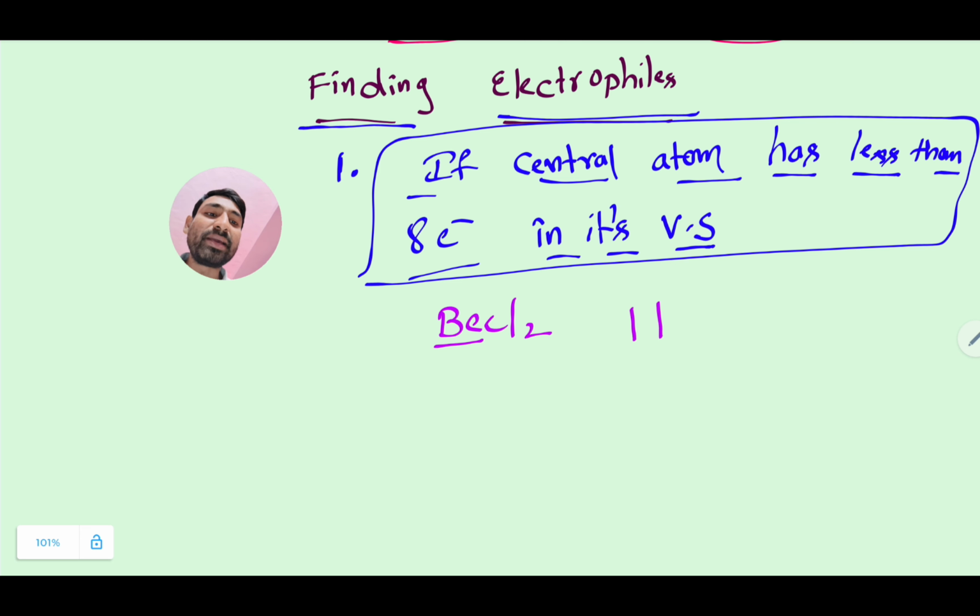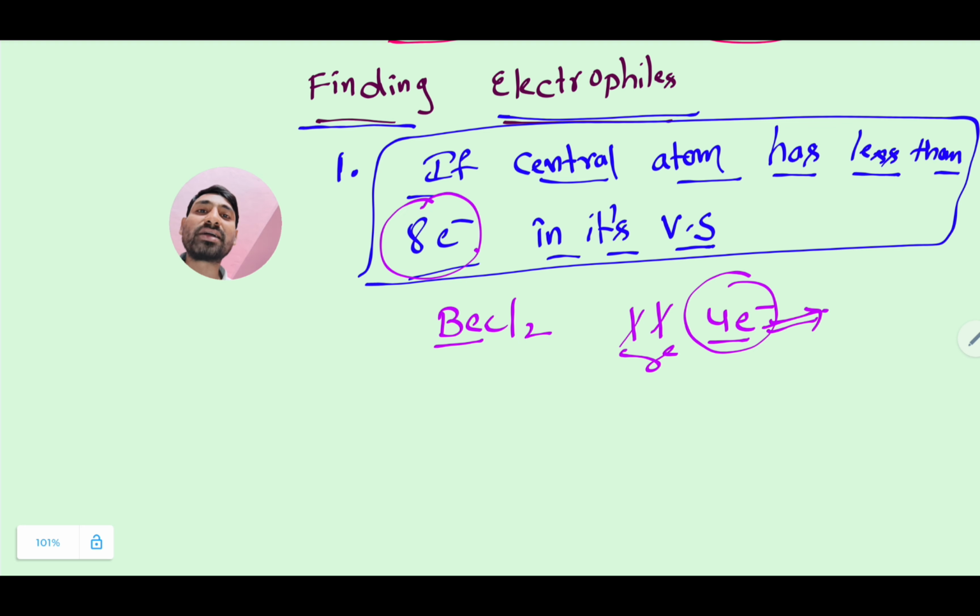Beryllium is bonded with chlorine by sharing electrons, so now there are 4 electrons in the beryllium valence shell. It is 4 electrons short of an octet, so it is ready to accept 2 pairs of electrons. It is electron loving, so it is considered an electrophile.